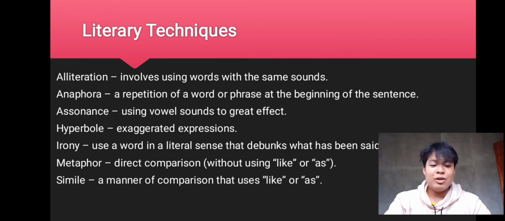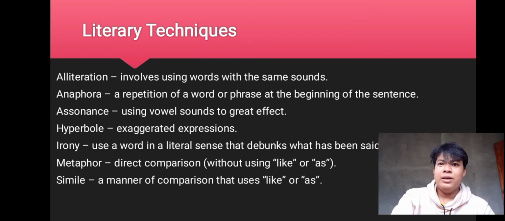So, it contradicts the statement, to be exact. The effectiveness of irony as a literary device depends on the reader's expectations and understanding of the disparity between what should happen and what actually happened. So, to illustrate further what irony is, I have examples here.